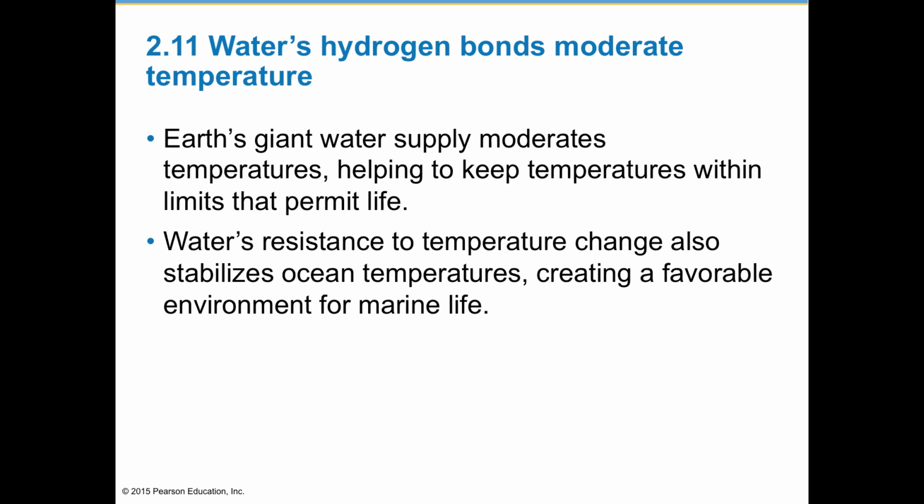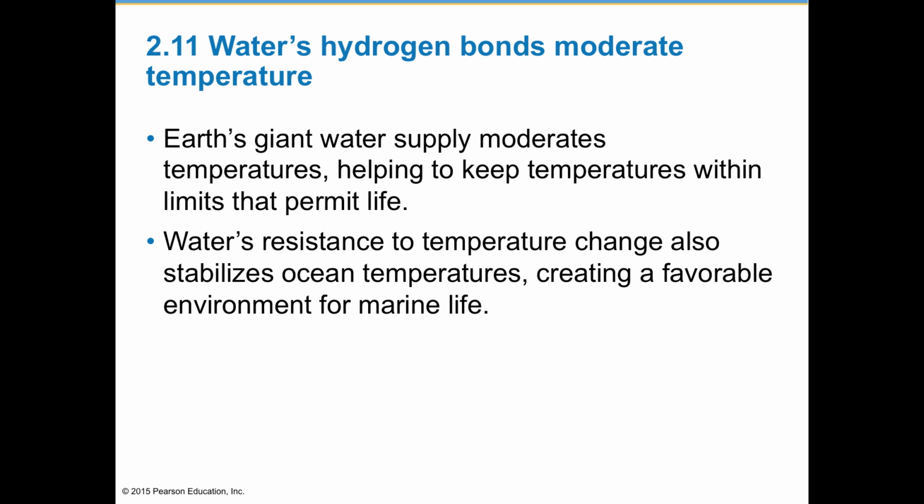So obviously Earth has a giant water supply, and that helps to maintain temperatures that help support life. If animals are used to a cold water climate, they don't need a drastic change in water temperature.